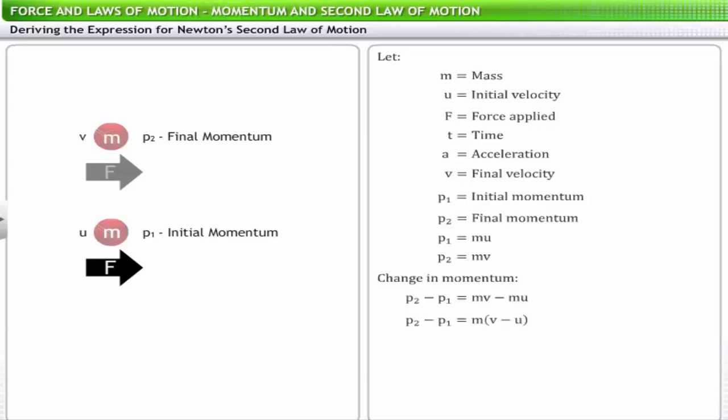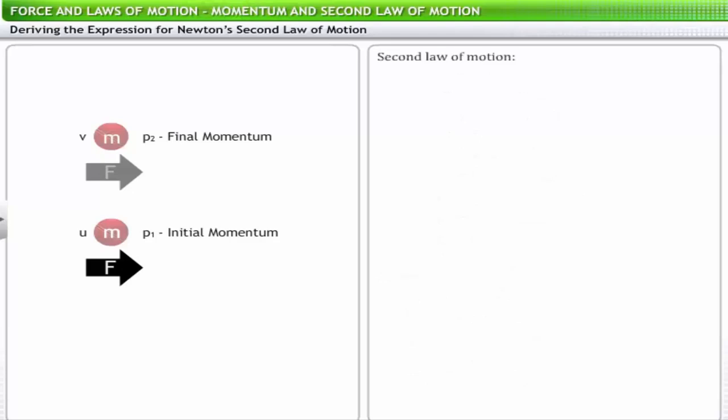The rate of change of momentum is the ratio of change in momentum to time. That is, m(v - u)/t. According to Newton's second law of motion, the rate of change of momentum is proportional to the force applied. This gives us the relationship F is proportional to m(v - u)/t.